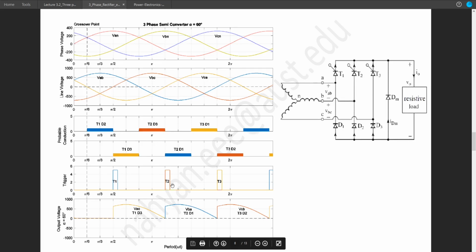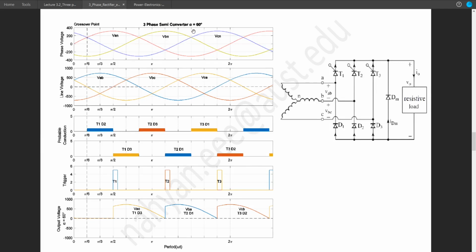After that, T2 is triggered and D1 is automatically on. So we will have VBA, and after that, due to T3 and D2, we will have VCB.